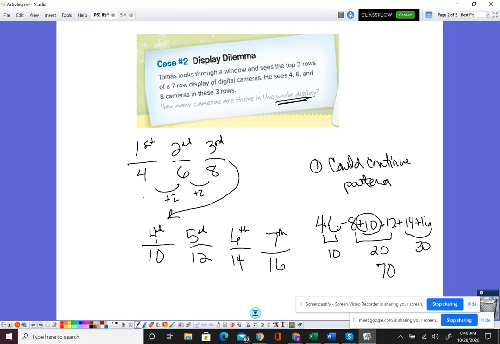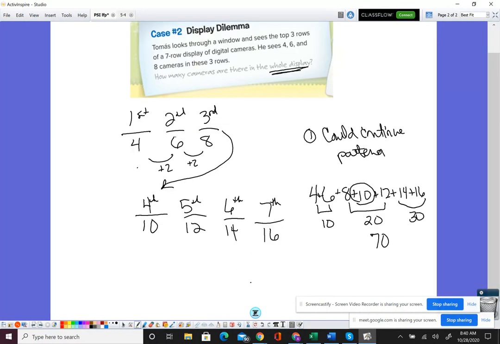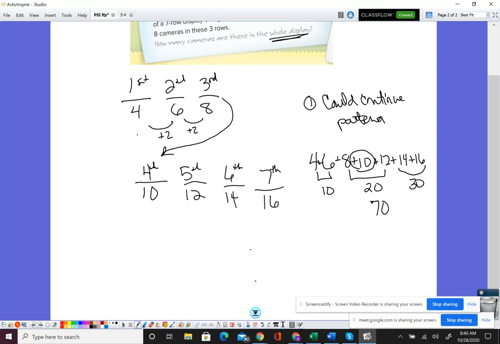So another strategy, because we were looking for the total number, is rather than writing each one of these out, well, we would start with that. Maybe we can see something that, okay, if this is the row, this is how many cameras per row, and then this is the total number of cameras.